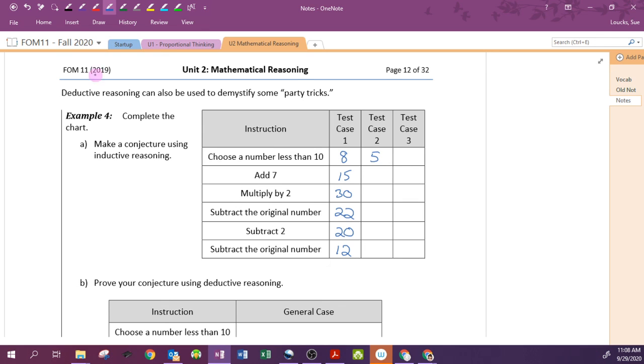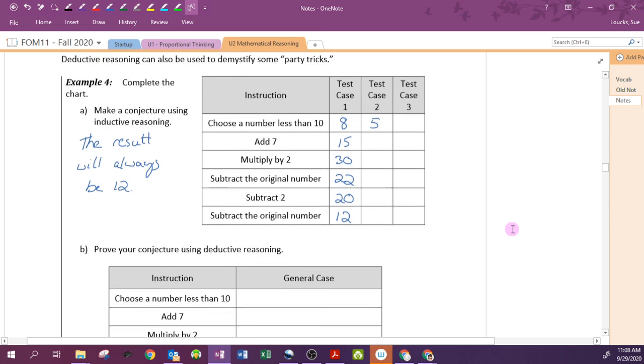Yep, the result will always be 12. Okay, so that's my conjecture. Do I know that for sure? No, not at this point. But I can prove it using deductive reasoning.